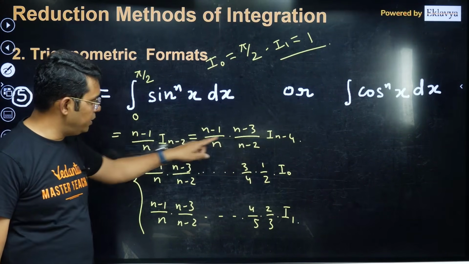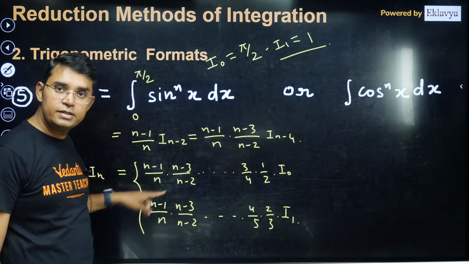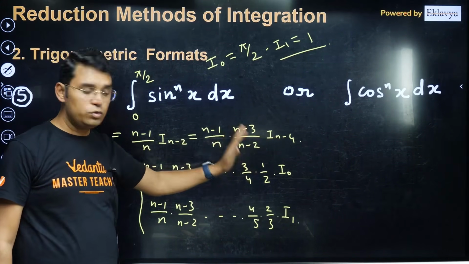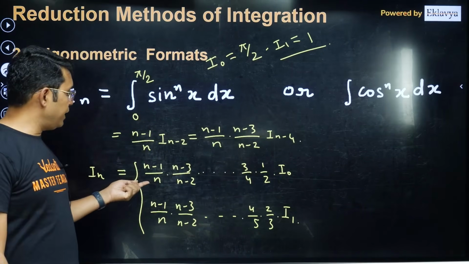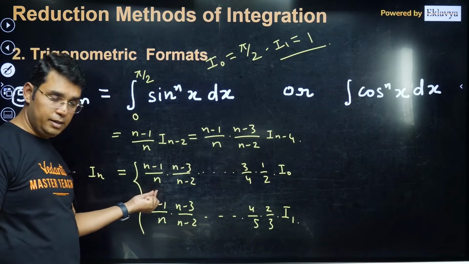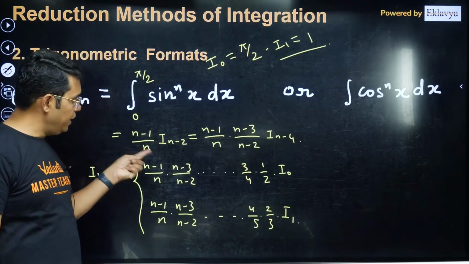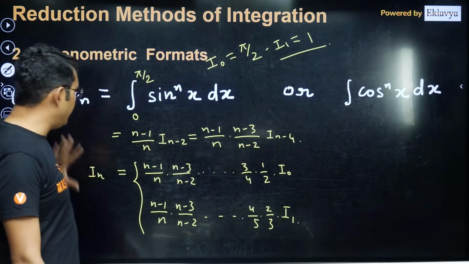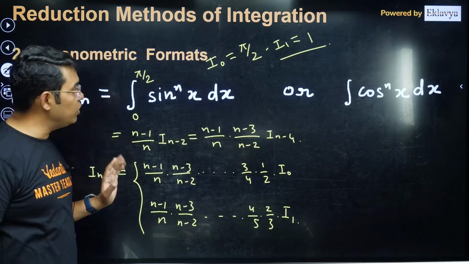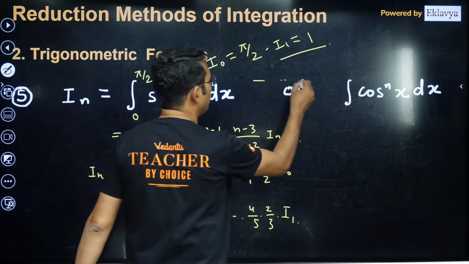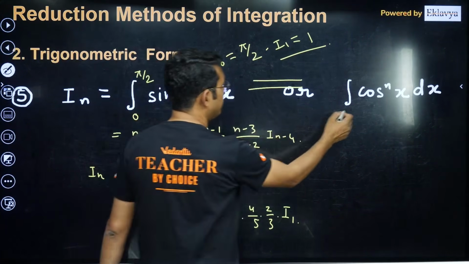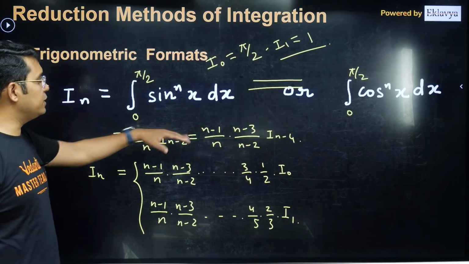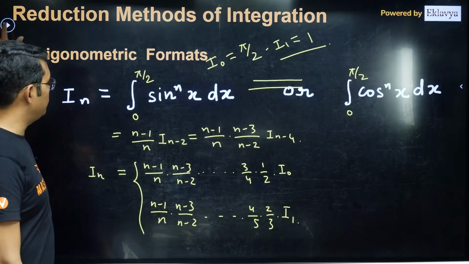Always start with n in the beginning, then reduce by 1, then reduce by 1 once again, and so on. You will get this I_n, and it is very important to remember. In fact, these two are equal if the limit is 0 to pi by 2, because by King's rule, sine becomes cos.